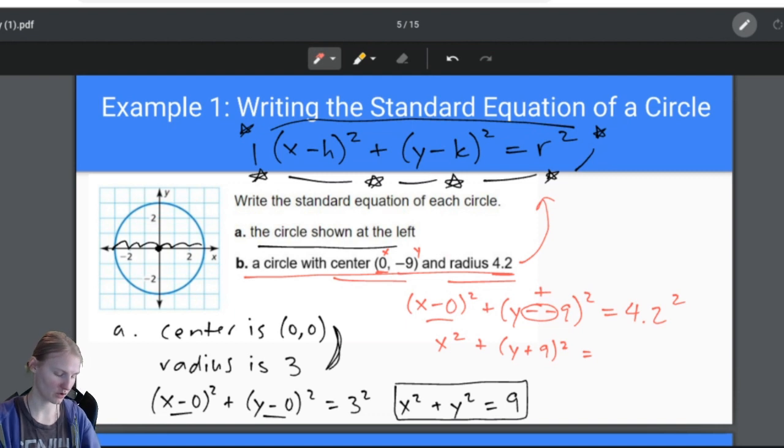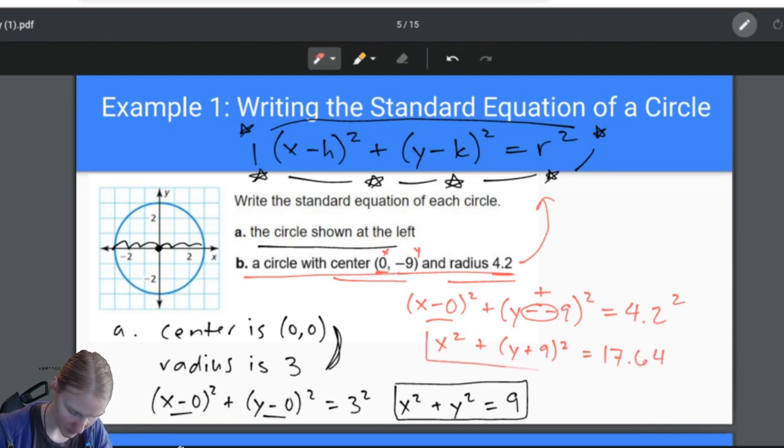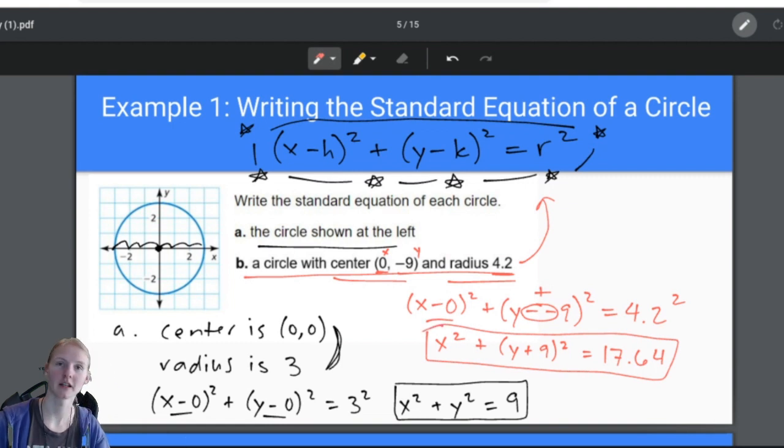And 4.2 squared is 17.64. So there is your final answer. Ta-da! Okay. Wonderful. That's example 1.